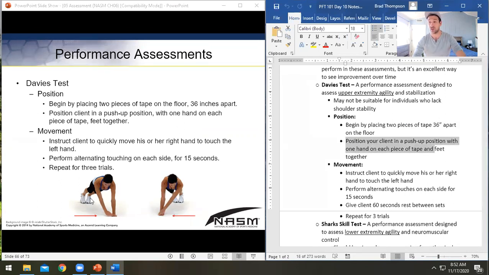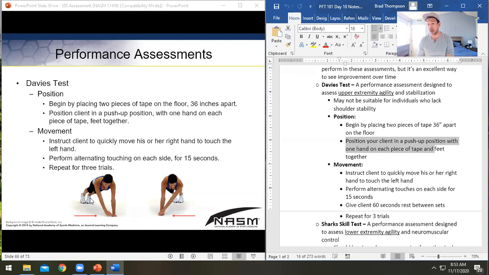You don't want to let their feet be wide for 2 reasons. Number one, it makes the assessment easier, right? If their feet are wider, they're going to have a wider base of support, which means there's less challenge to the agility. And number two, if you're not measuring how far apart their feet are, you're going to be inconsistent the next time you assess them. Maybe this time they're hip width apart, and the next time they're shoulder width apart, which makes it easier, right?